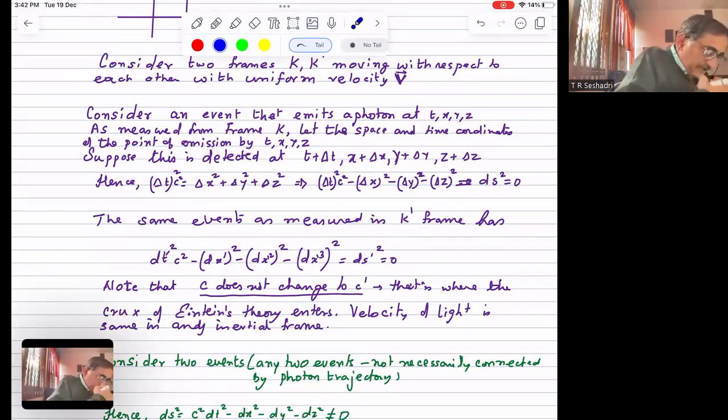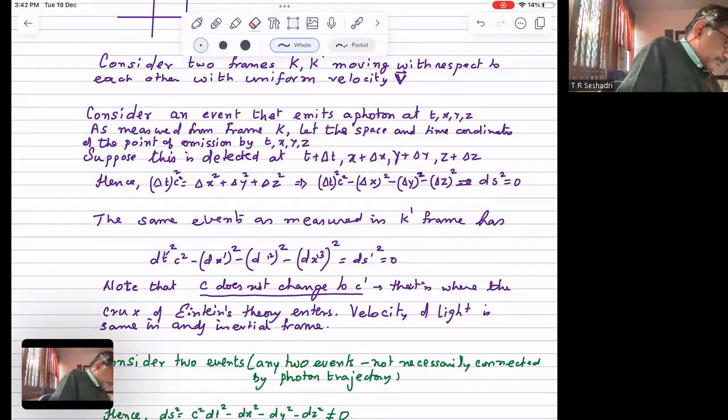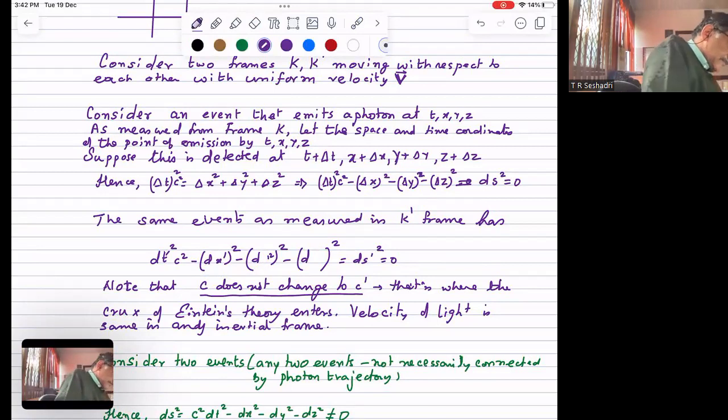And in the K prime frame, this is the equation as before: c square dt prime square minus dx prime square minus dy prime square minus dz prime square equals ds prime square, which is 0. I have just switched from delta to d, don't worry about it.